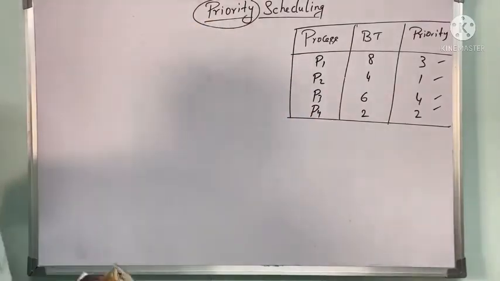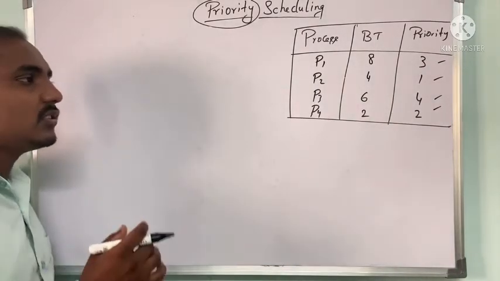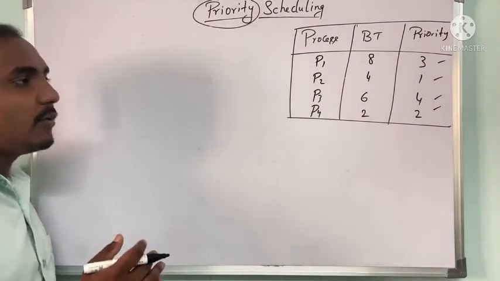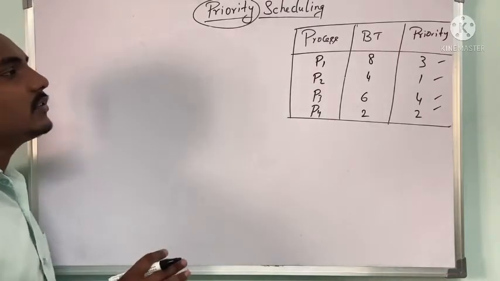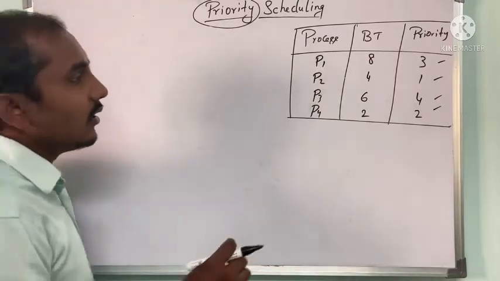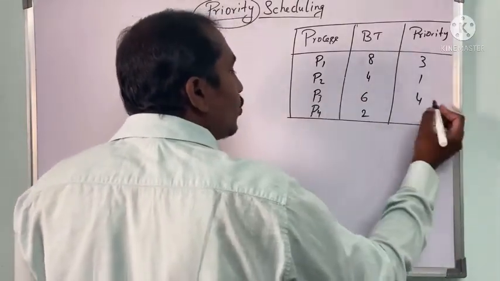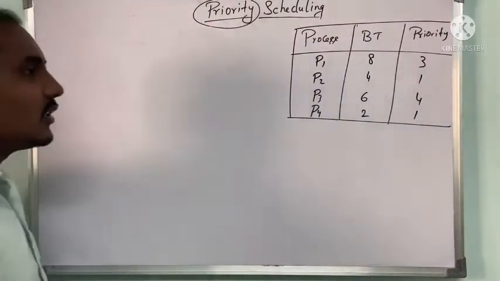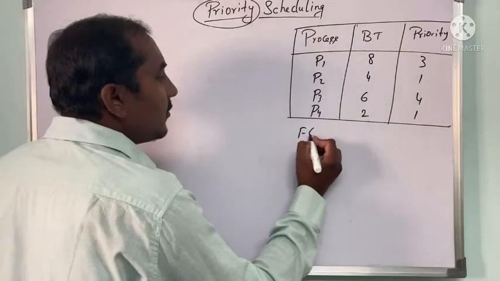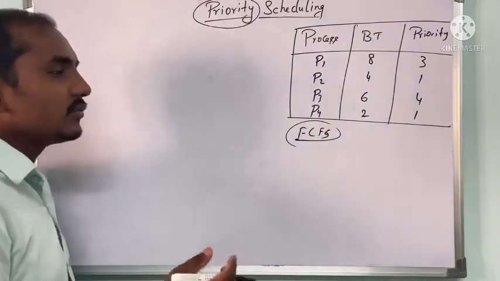Usually we will be using the method where whichever process has the lowest number will have the highest priority. Other than this, suppose in a case like this, you get process 1, process 2 and process 4, where both processes have the same priority. In this case, we are going to use first come first serve, that is first in first out.